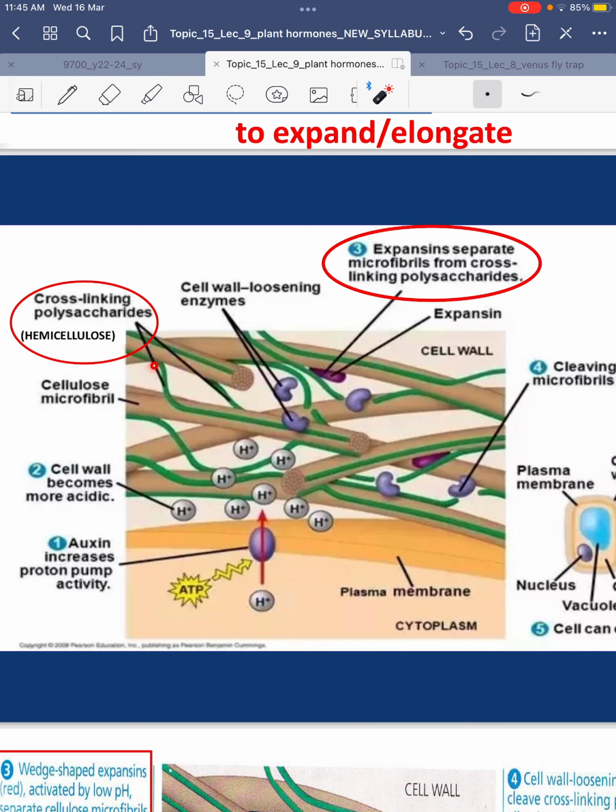This linkage is separated from the microfibril. So when it is separated like this, this area is exposed. Yeah, this area is exposed. It is exposed to be broken down by this enzyme.